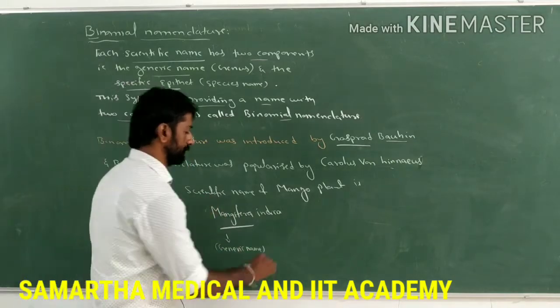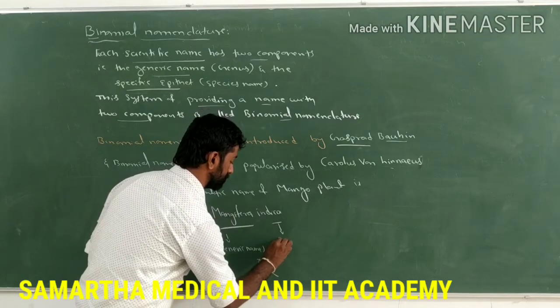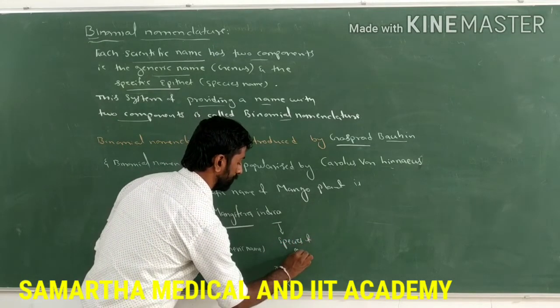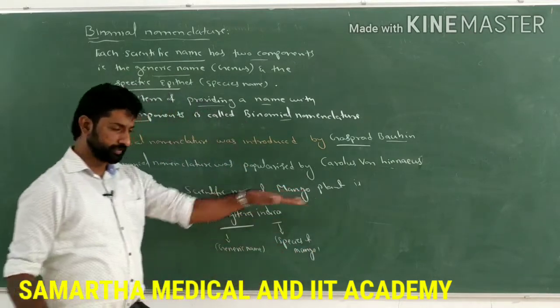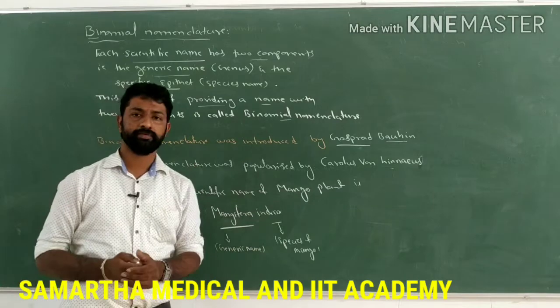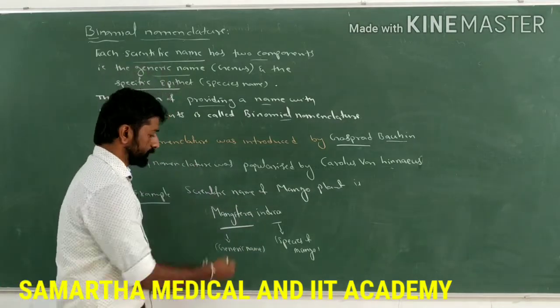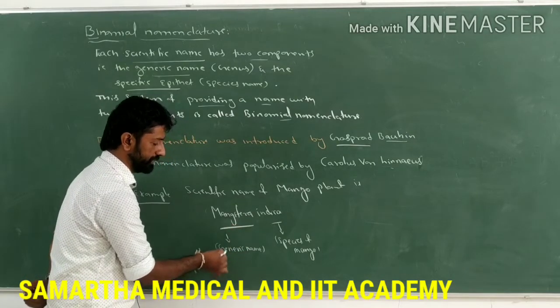And here indica represents a species of mango. In this way, scientific names have two components. The first is the generic name, nothing but the genus name.